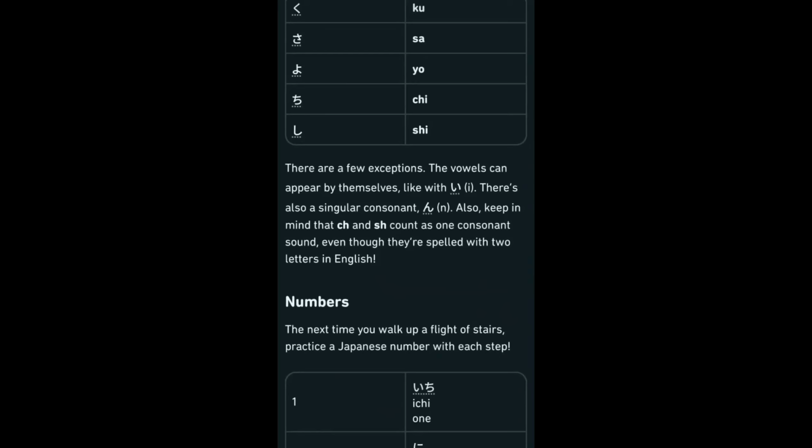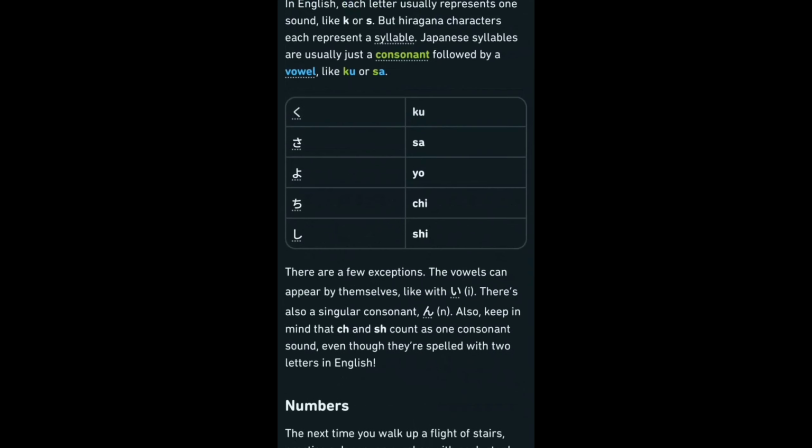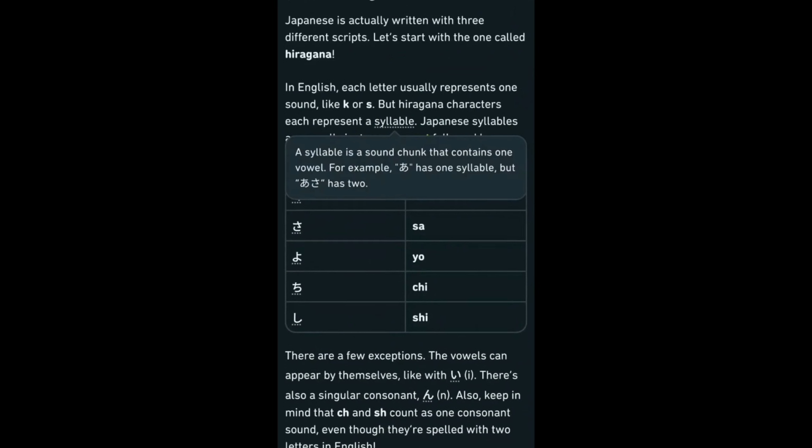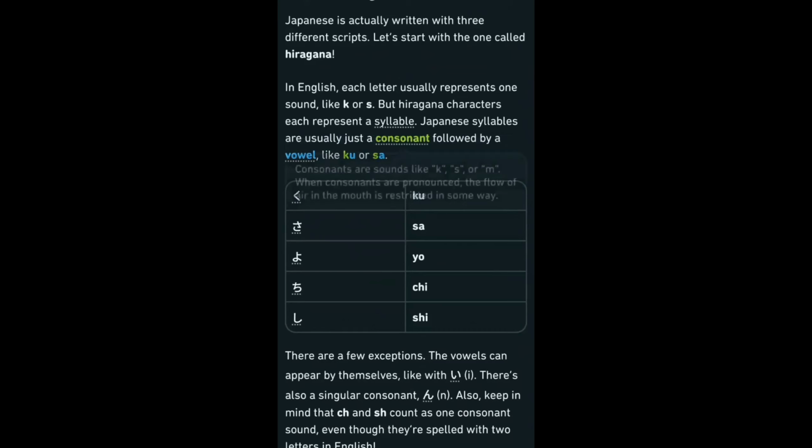Now we're going to move on to numbers. So we've already covered ichi, ni, san, yon. And it's nice to know the 4 types of numbers and try to remember them. I like to remember them almost as if counting.